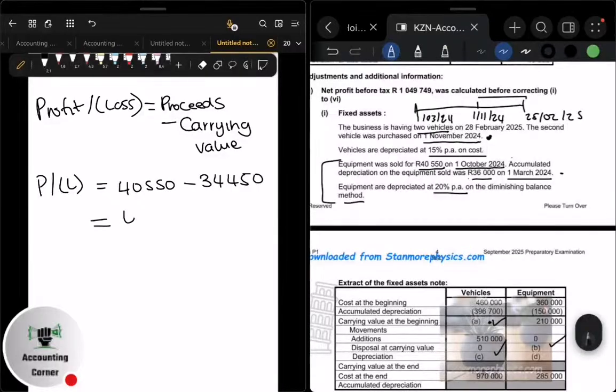Okay, so we say 40,550 minus 34,450. That'll give us 6,100. And it's positive, so it's profit on disposal or on sale of fixed assets.